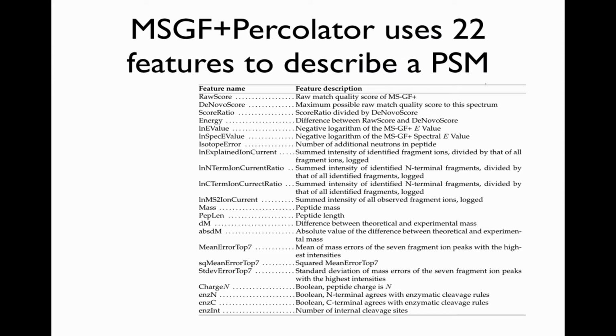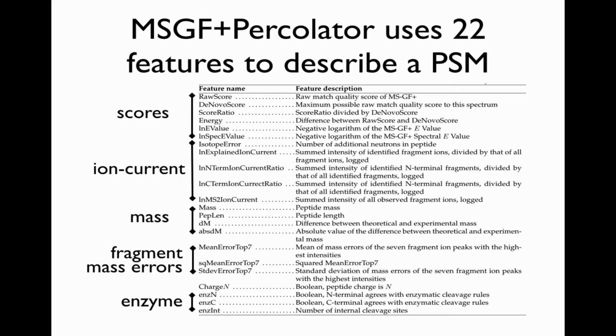In total, we used 22 different features to describe a PSM. These include a couple of scores as reported from Sequest, as well as different summed ion currents, different mass features, different fragment mass errors, and different enzyme specificity features.